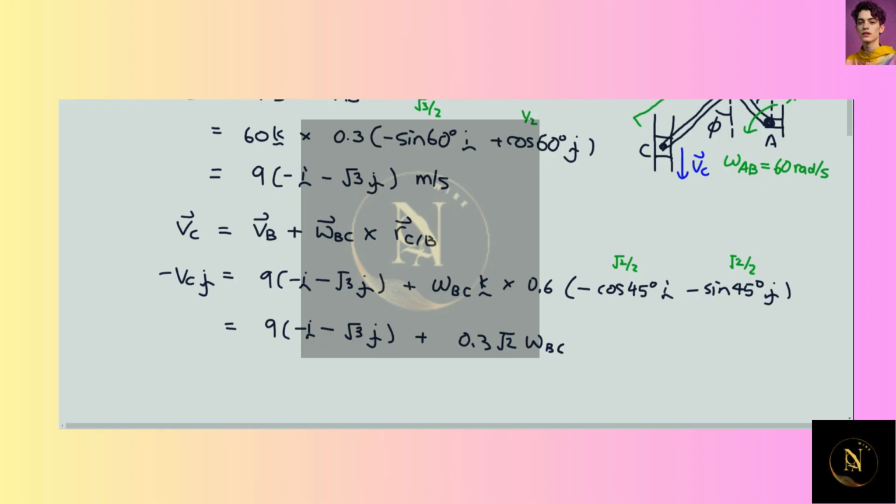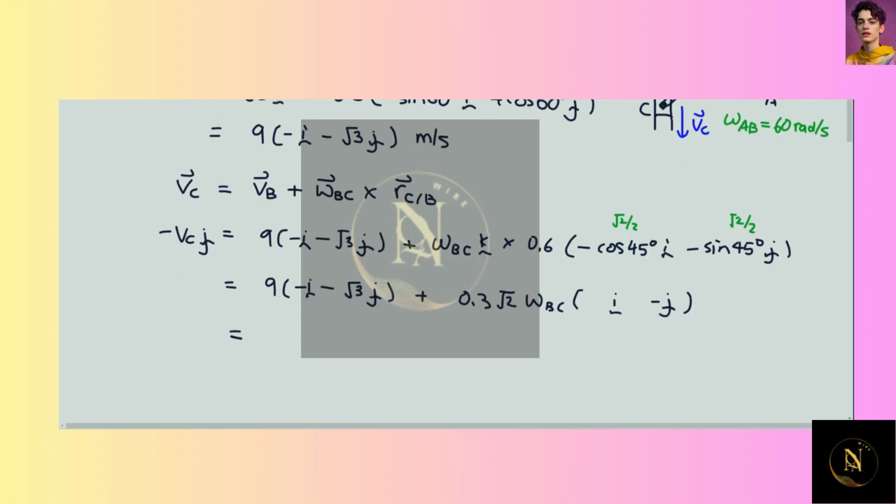When you do the cross product, k cross minus i is minus j, and k cross minus j gives you i. So we have i minus j. Then when you combine the terms, you have minus 9 plus 0.3 root 2 omega BC in the i direction, plus minus 9 root 3 minus 0.3 root 2 omega BC in the j direction.